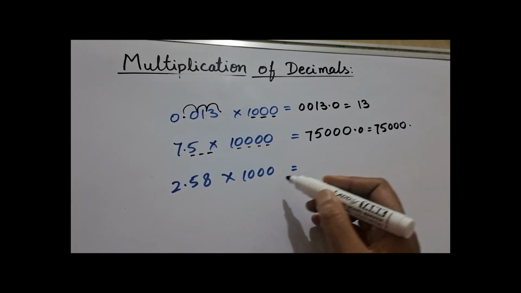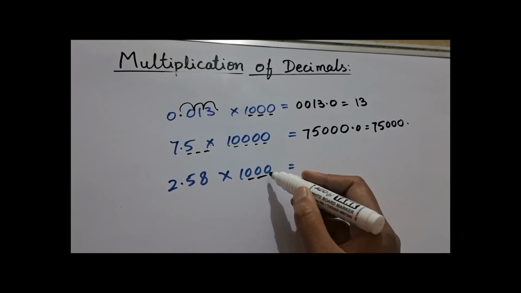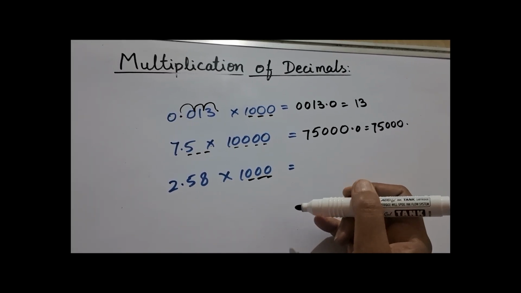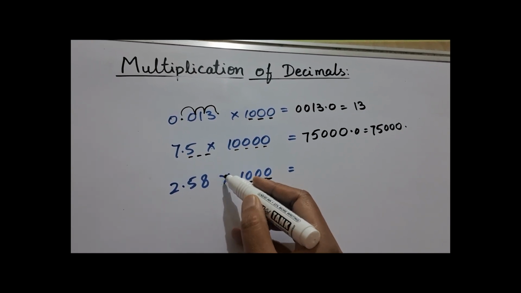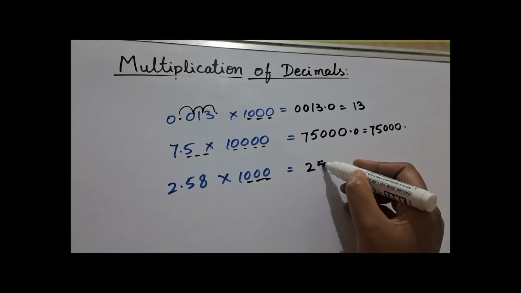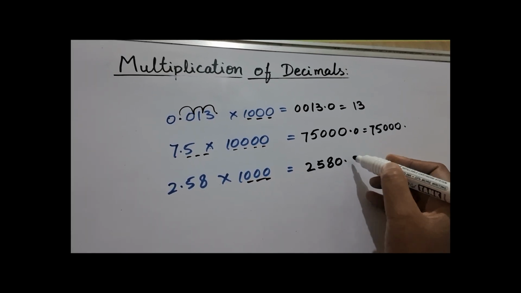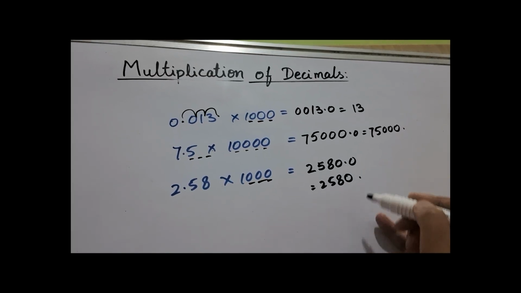Next, 2.58 into 1000. 1000 is having 3 zeros. So it will cross 3 decimal places and come to the right side. That is 2580.0. That means it can also be written as 2580. Okay, children.